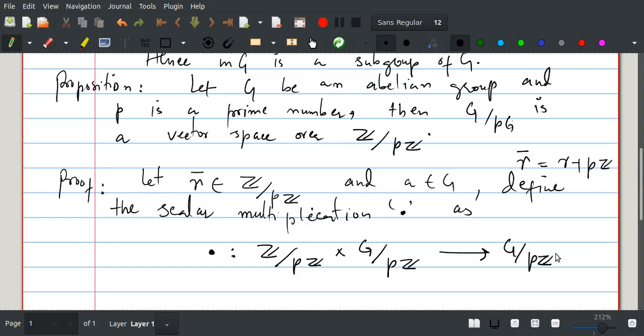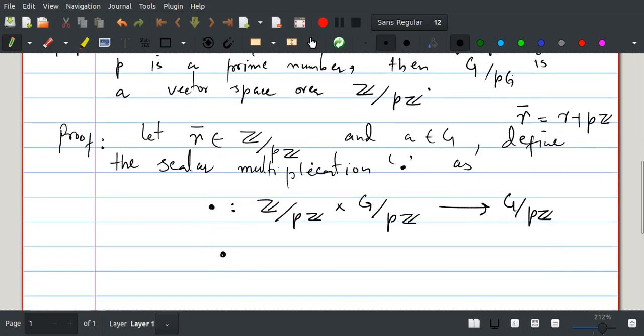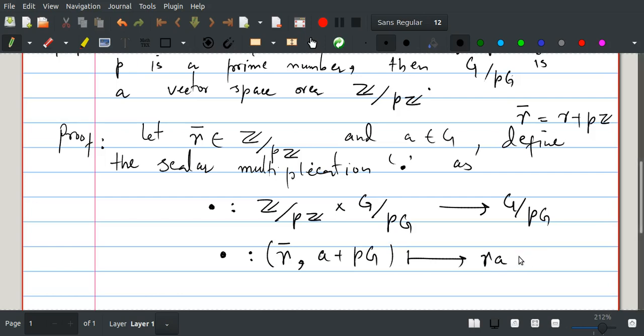This is given by: it takes an element in Z mod PZ, which is R bar, and an element here in G mod PG, say A plus PG, and it maps it to RA plus PG.